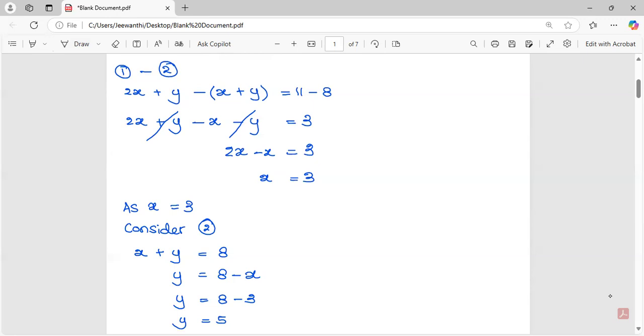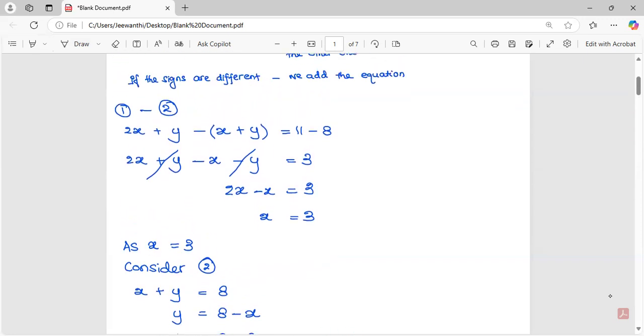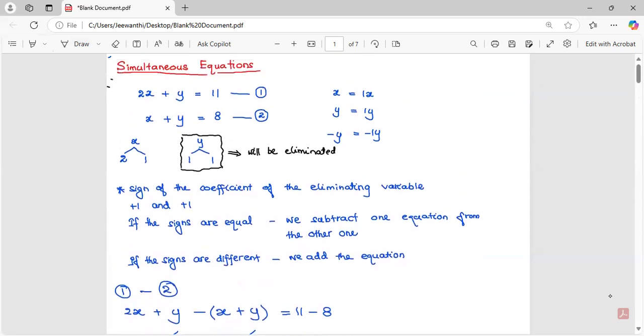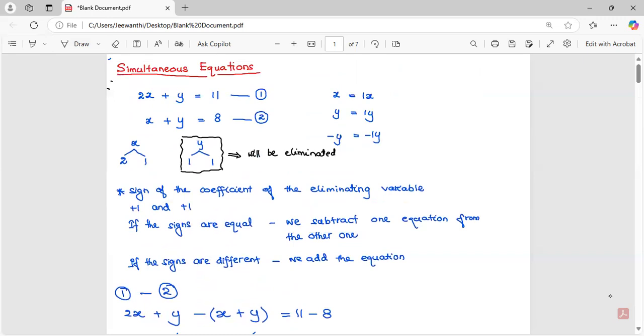Then what will be remaining? 2x minus x, and on the other side we have 3. 2x minus x means x. x is equal to 3. As x is equal to 3, now we want to find the y value. To find the y value, you take one of the two equations.